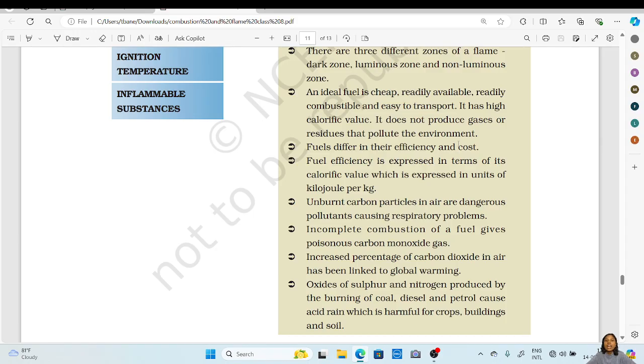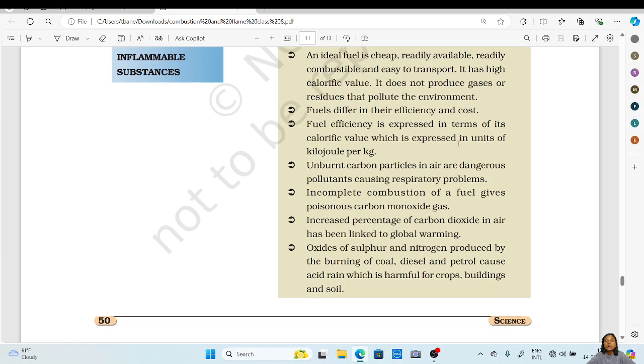Also, it needs to have a high calorific value. It does not produce gases or residue that pollutes the environment. Fuels differ in their efficiency and cost. Fuel efficiency is expressed in terms of its calorific value, which is expressed in units of kilojoules per kg. Why kilojoules per kg? Because it is the amount of energy that we are measuring.